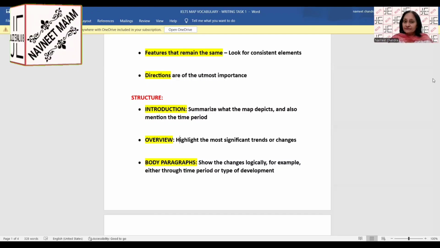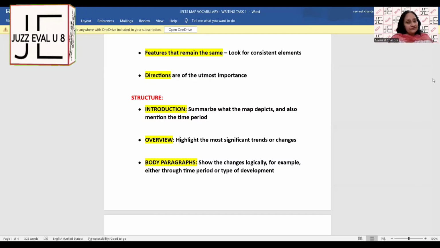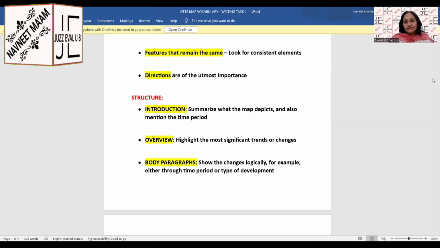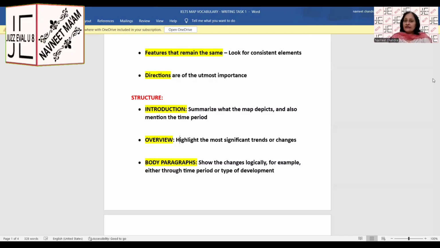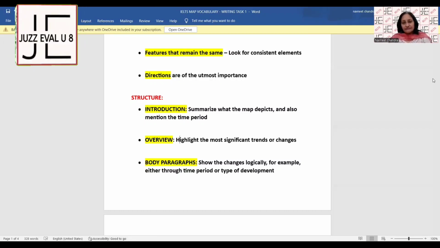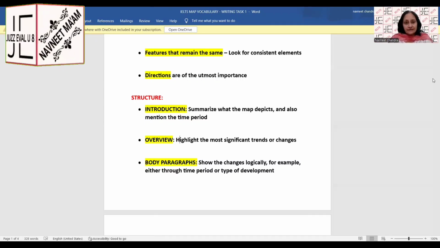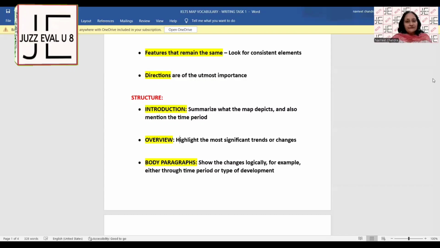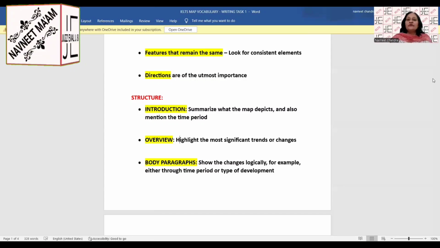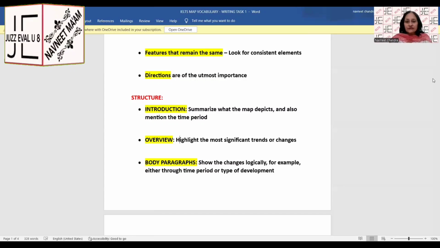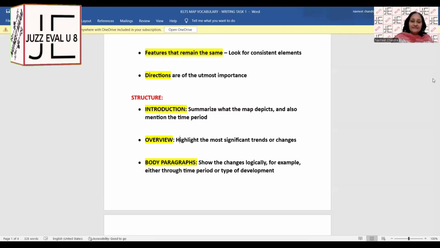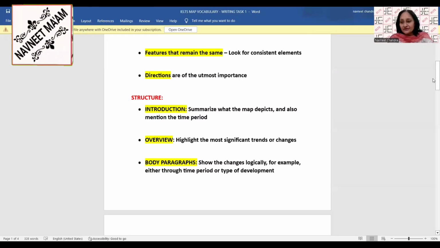The most substantial and significant changes or trends you need to mention. Okay, next come 2 body paragraphs wherein you explain the entire map. And in the last 2 paragraphs, you talk about the various trends in a logical and sequential manner. Okay, so let's move on.